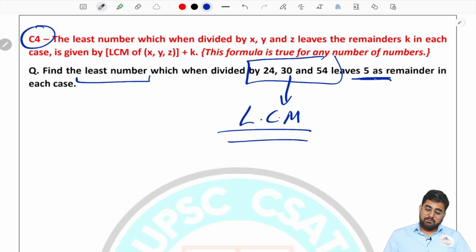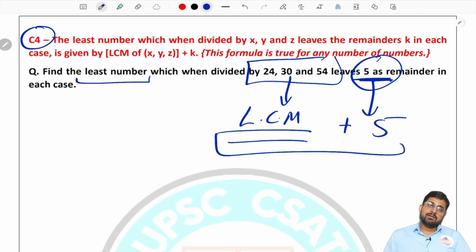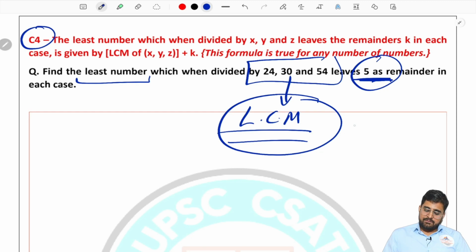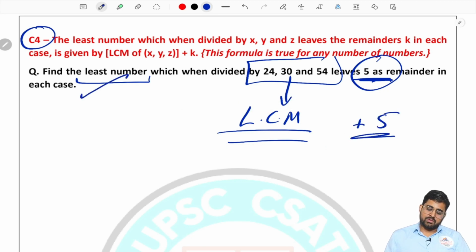But we need the number which always gives the remainder 5. So in that case, we have to add 5 to the LCM, because the LCM of these three is divisible by them and no remainder will come. To get the remainder 5, we have to add 5 to this number.